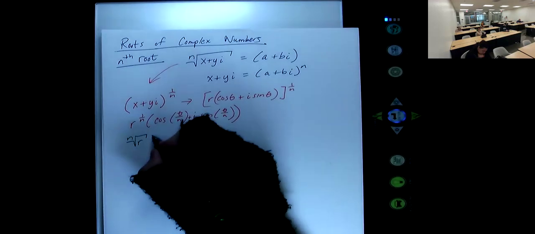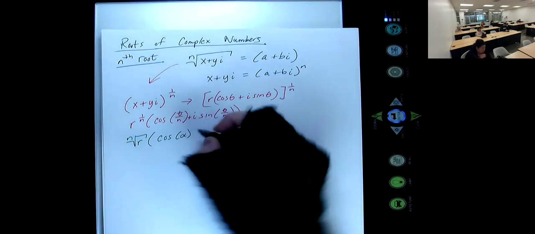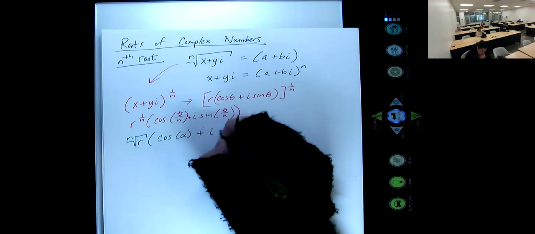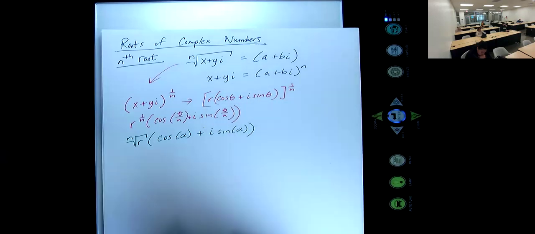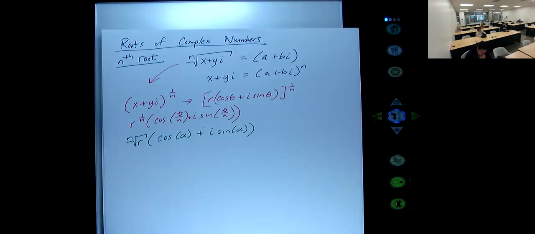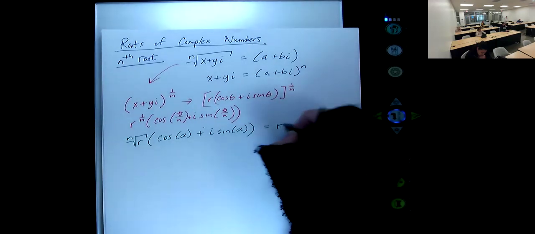I'm going to use alpha here for this. The book uses alpha, and we'll talk about what alpha is in a second.